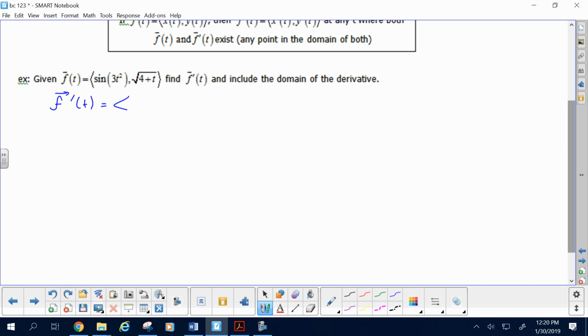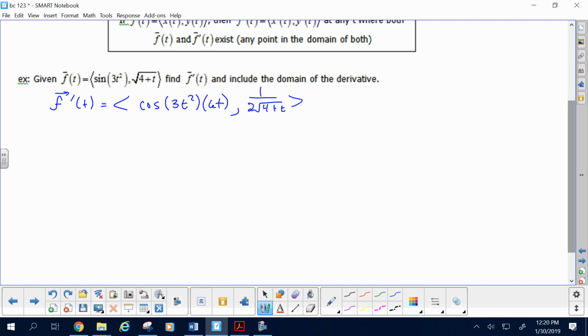What is the horizontal derivative, x prime? Cosine of 3t squared times 6t. And the vertical component rather? 4 plus t.